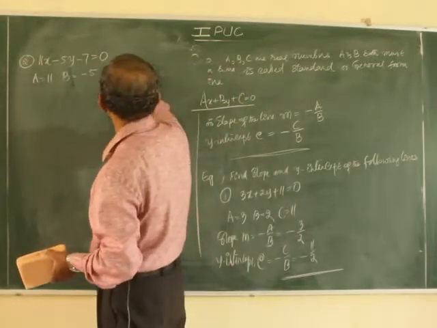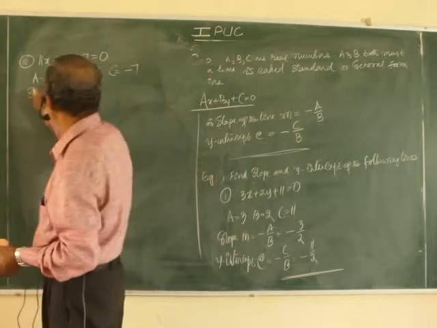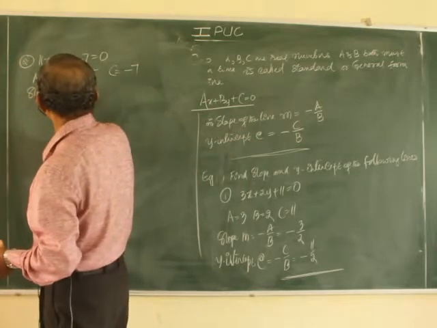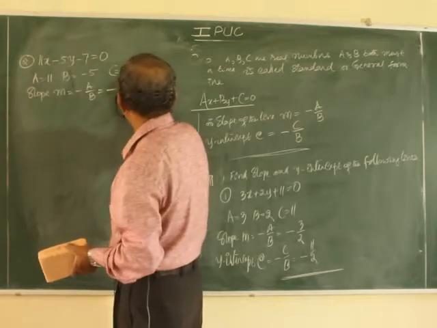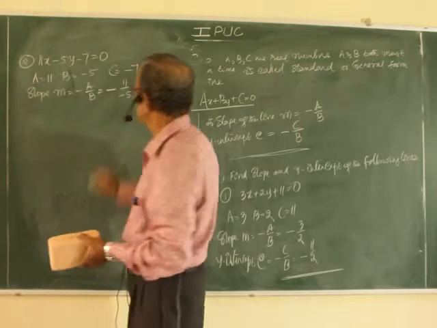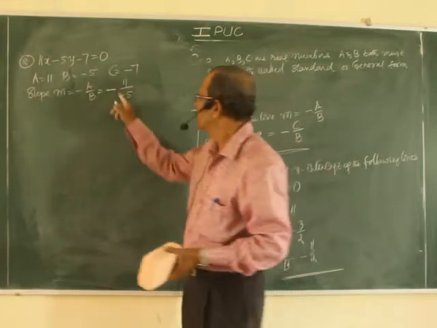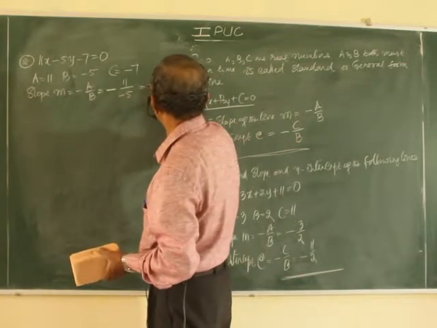C is minus 7. Slope m equal to minus a by b, formula minus a is 11, b is minus 5, careful, minus 11 by 5.